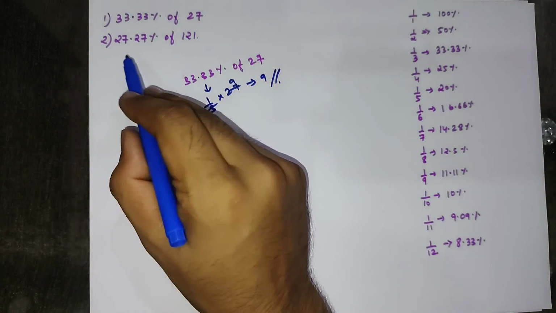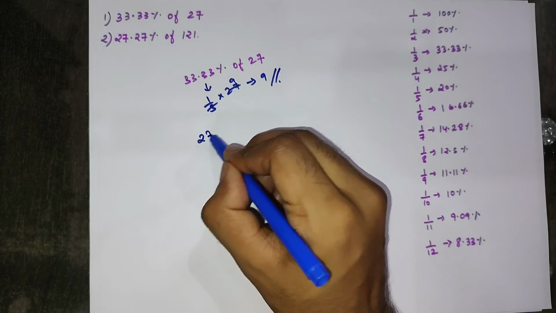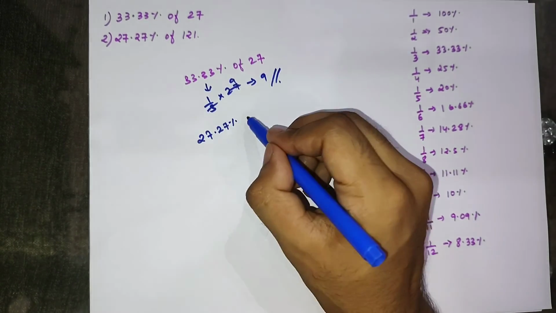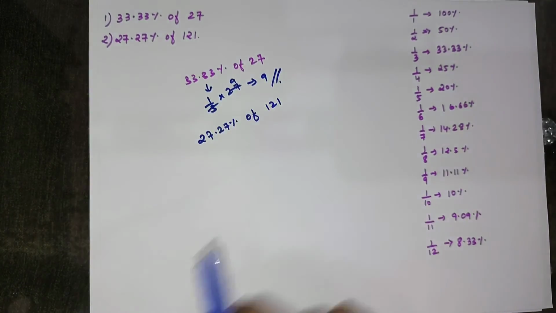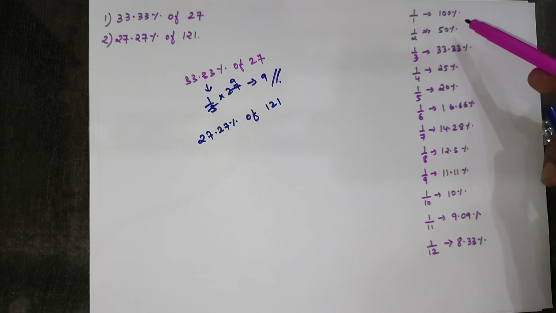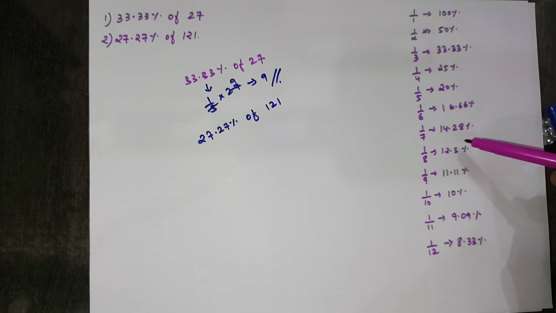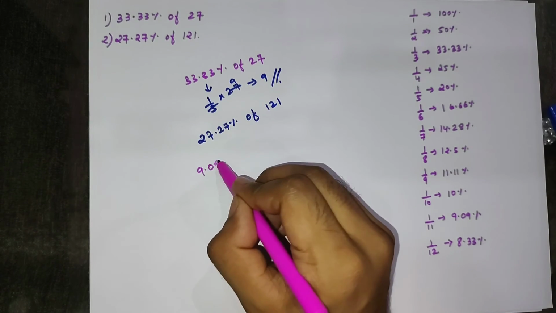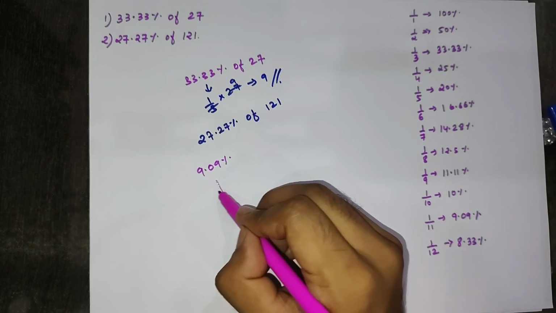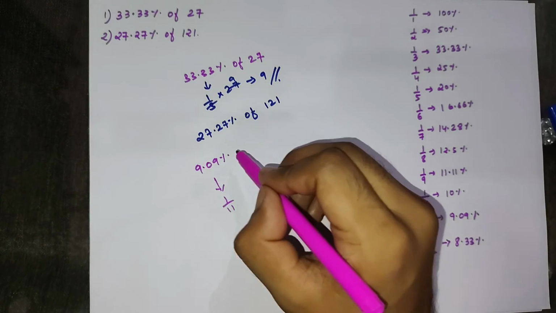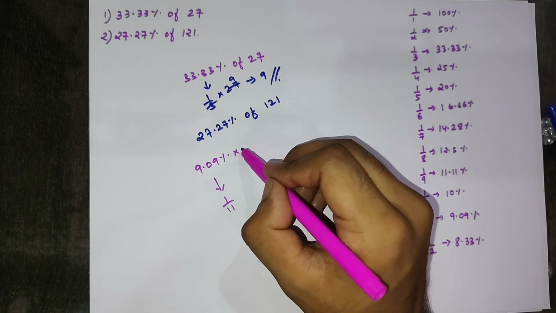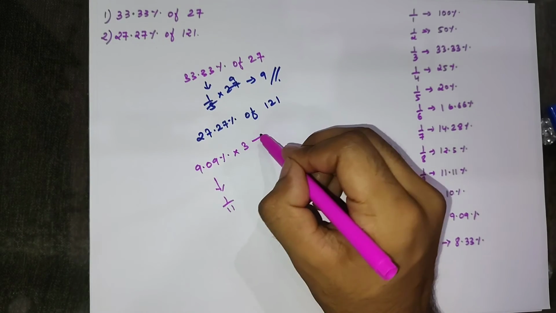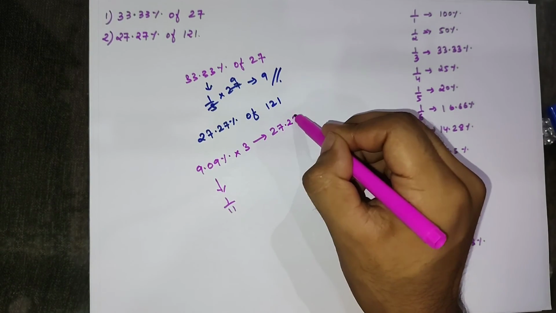Coming to the next question, that is 27.27% of 121. Now if we look at the table, we cannot find 27.27% anywhere. But what if I say that I can find 9.09%, whose value is 1 by 11. And if I multiply this value by 3, I'll get 27.27%.